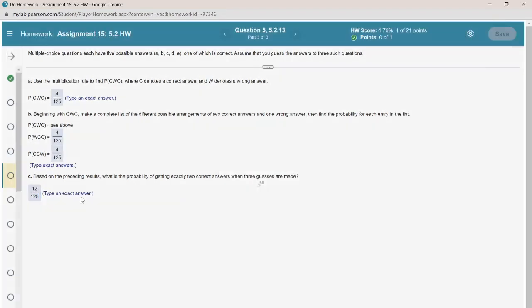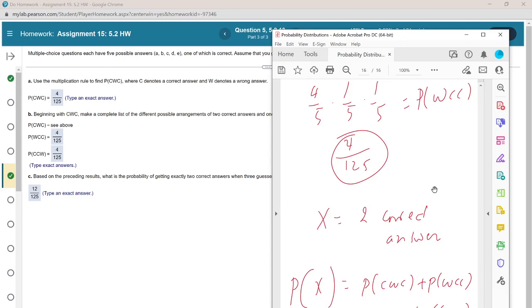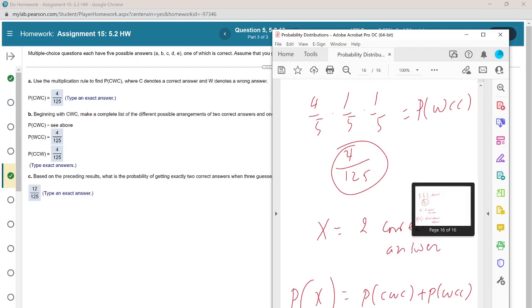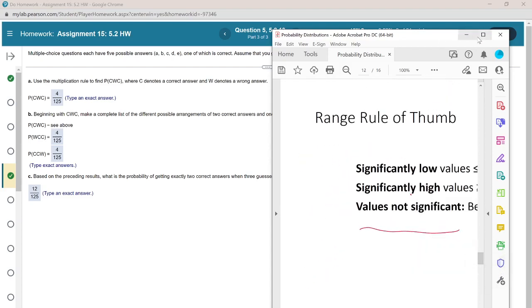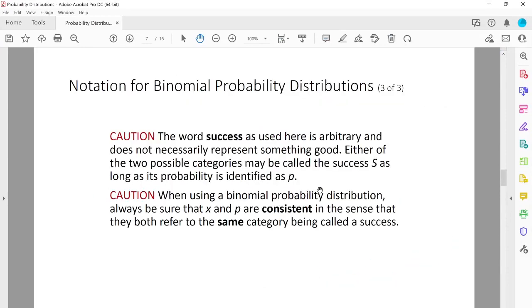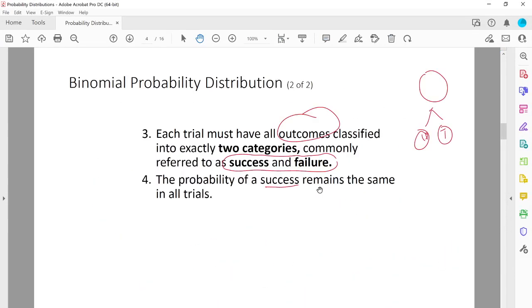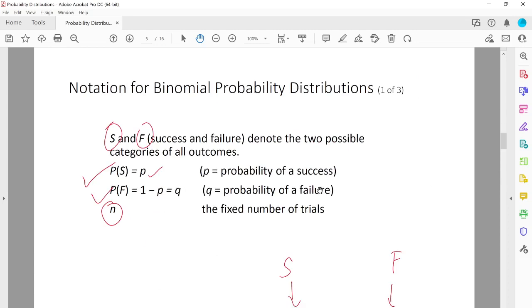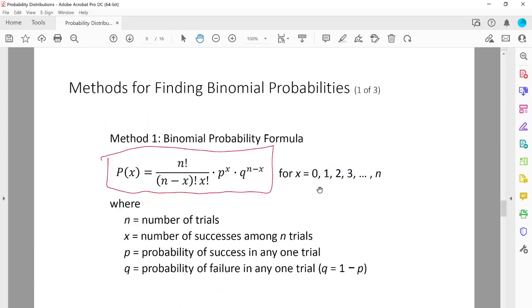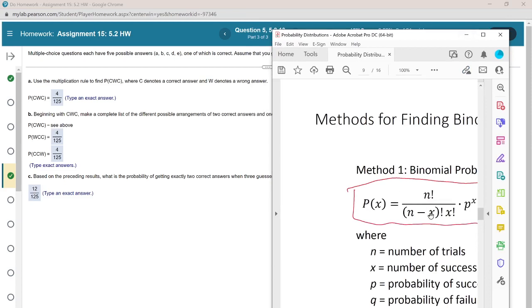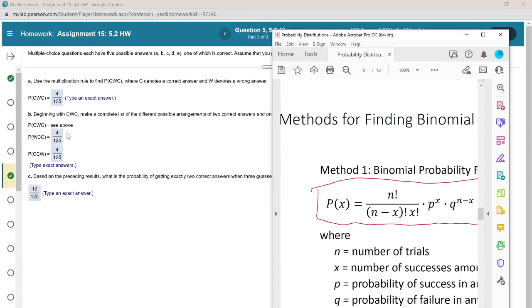But if you try to calculate the very same thing using the binomial distribution formula, that can also be found by using this formula. Here we can calculate the same thing by using this formula, which is how many successes we want. We want 2 successes, 2 correct answers, out of how many?